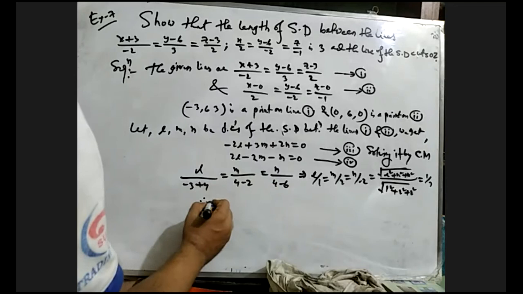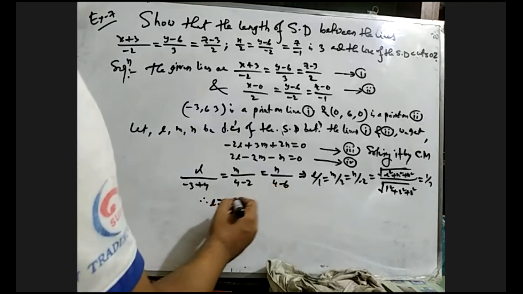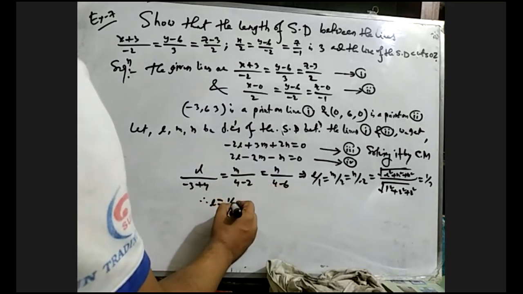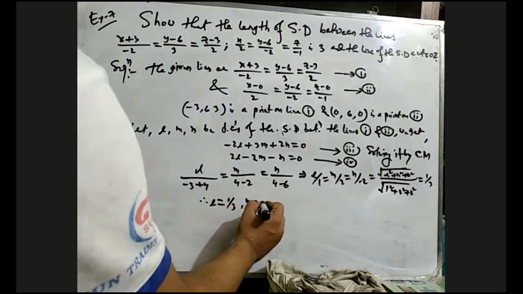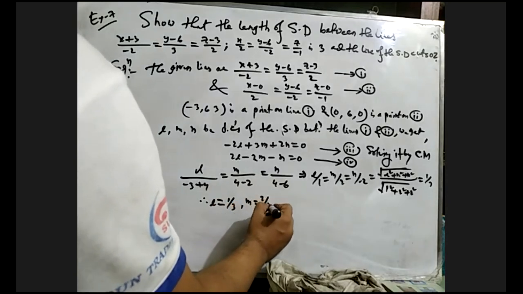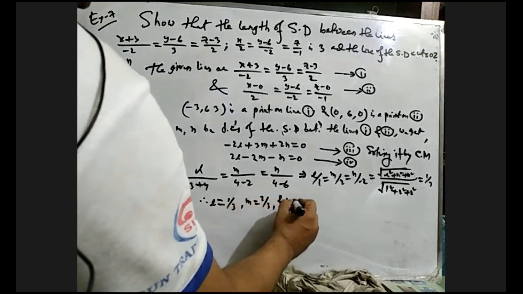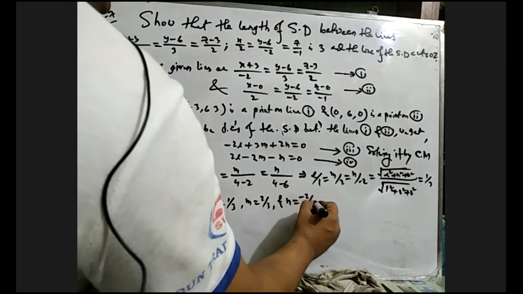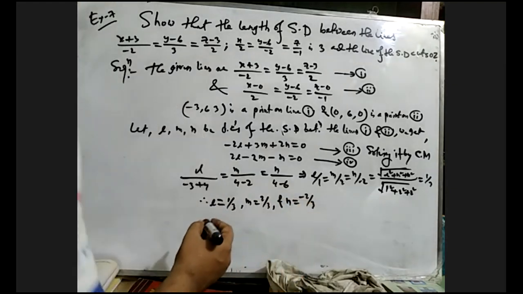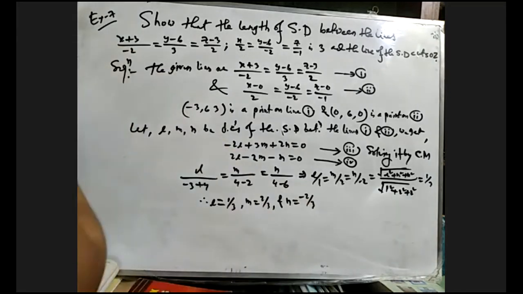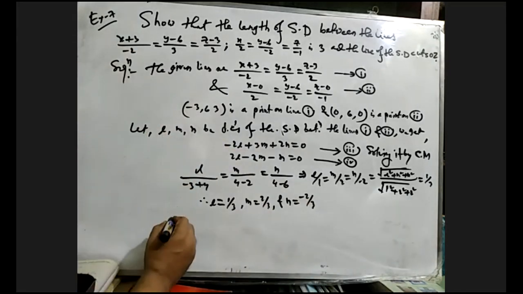Therefore L equals 1 by 3, M equals 2 by 3, and N equals minus 2 by 3.